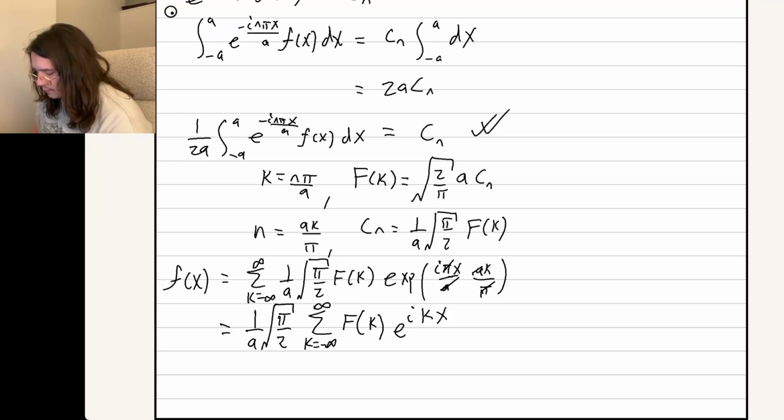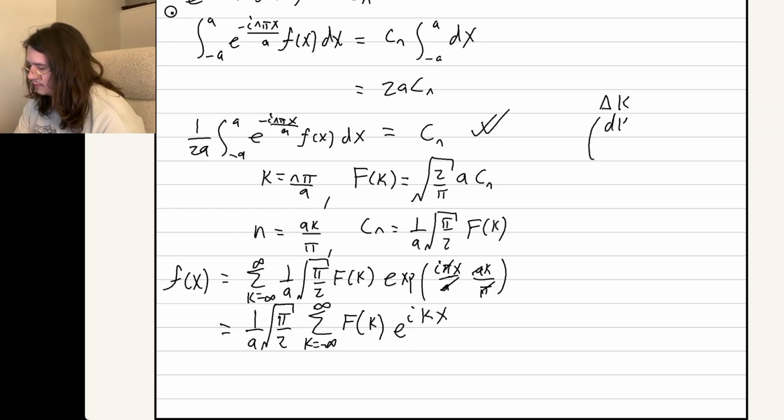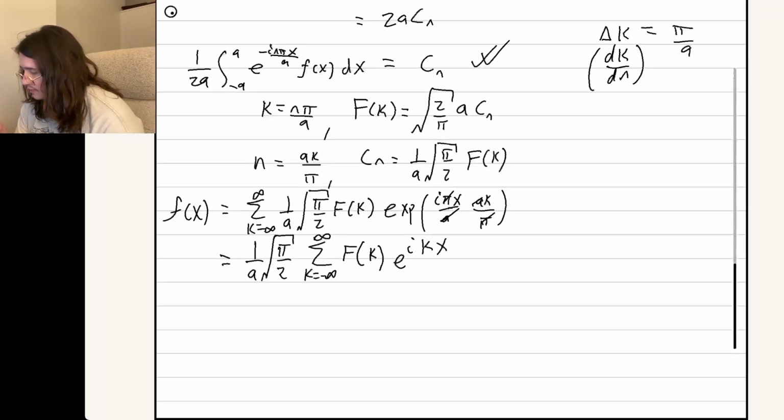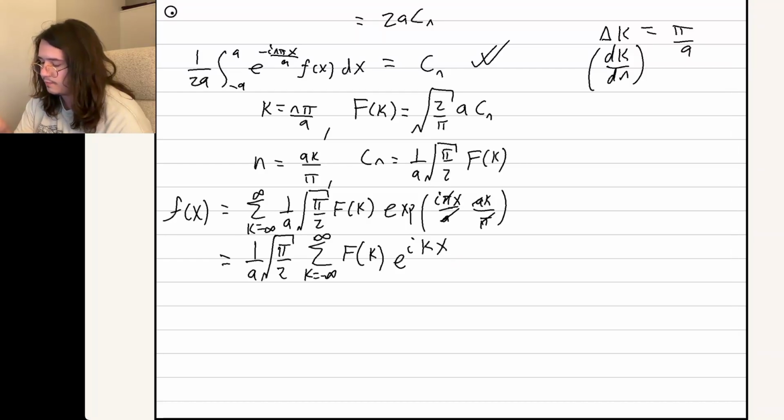That's one of the equations that we were meant to find, except there should be an additional constant on there, which Griffiths calls delta k, which is secretly dk/dn, but don't worry about it. So we'll just take the derivative of this and call it just pi over a. So multiplying this equation by delta k inside of the sum and a over pi on the outside to make sure we're basically just multiplying by 1.